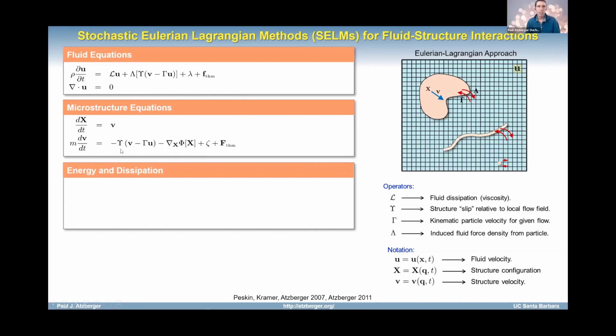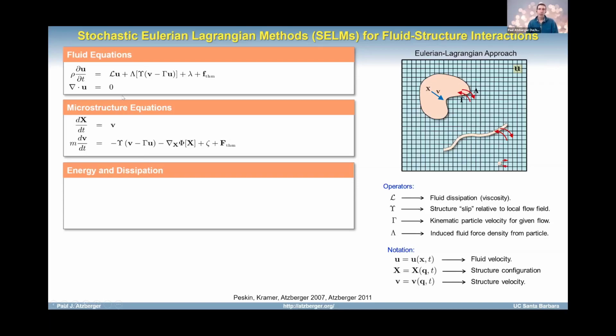Yeah, that's a good question. So one of the things you always have to remember is that in the fluid equations, what appears on the right-hand side is force density, right? So it's going to be force per unit volume. On the right-hand side of the microstructure equations, at least if I'm modeling with point particles, those are just going to have units of force.